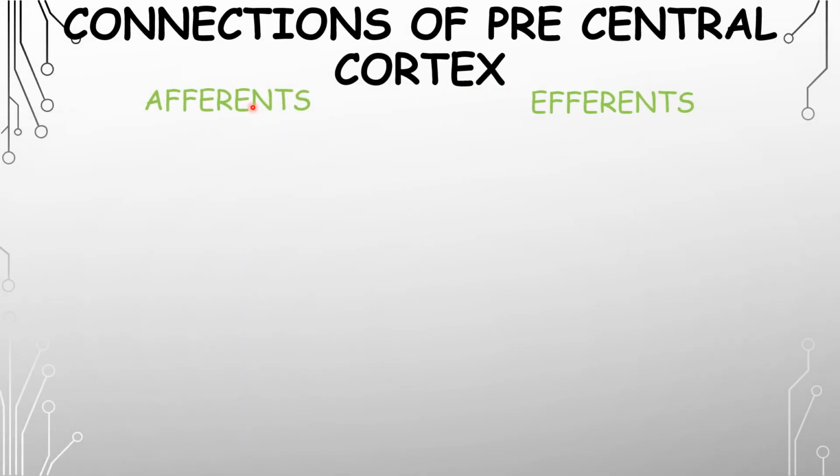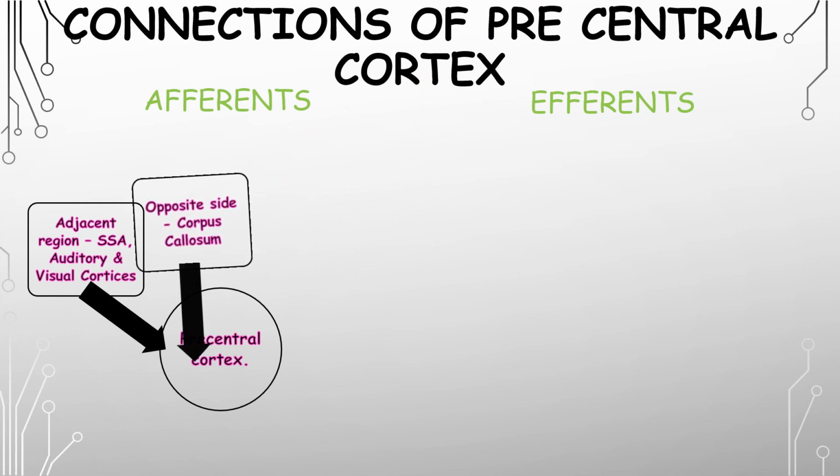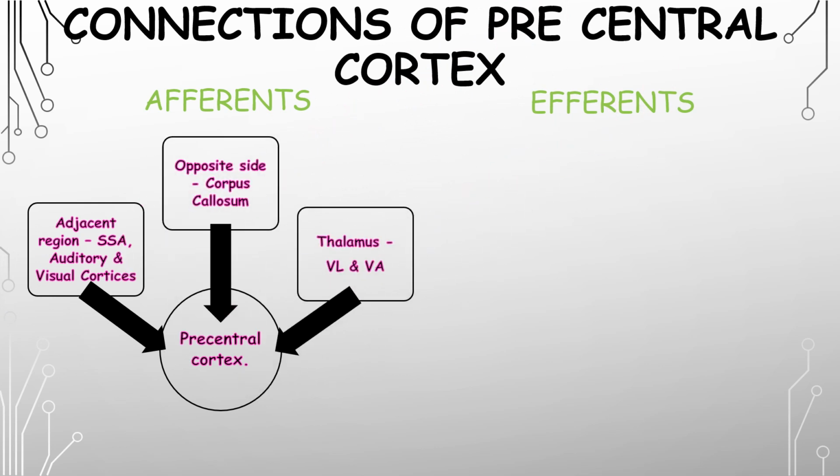Connections of the precentral cortex. Afferents: it receives fibers from the adjacent regions like the somatic sensory area of the parietal cortex, the auditory and visual cortices, and also from the opposite hemisphere.